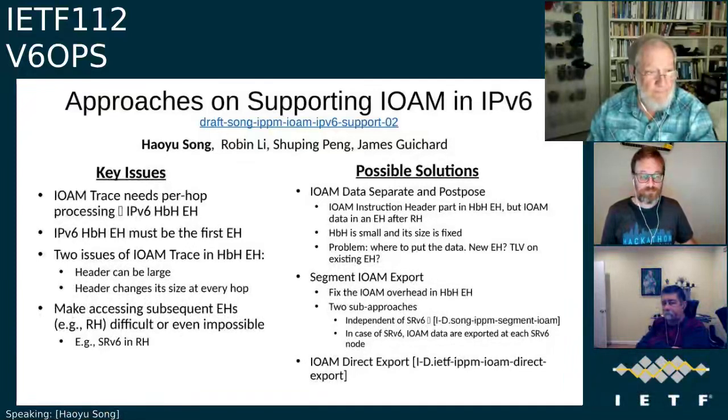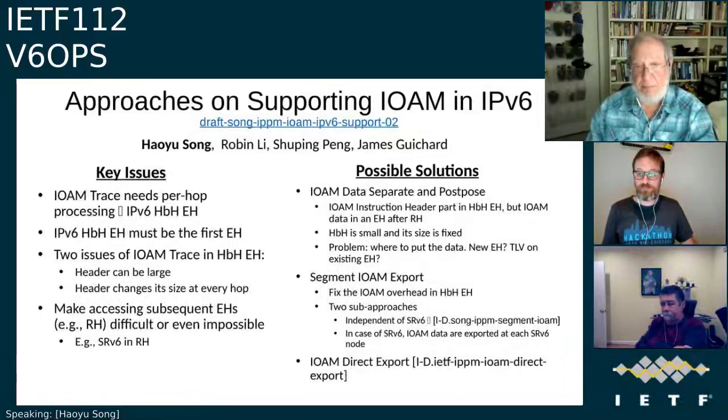But the issue of this solution is that we need to determine where to actually put the data. Do we really need to design a new extension header for that, or put it in some TLVs in some other existing extension header? So the second solution is that we can use a concept called segment IOAM export.